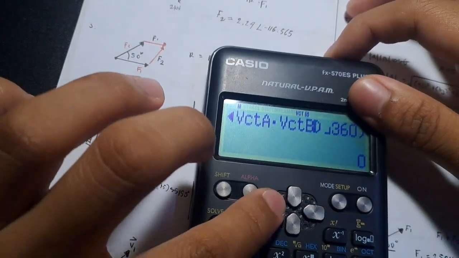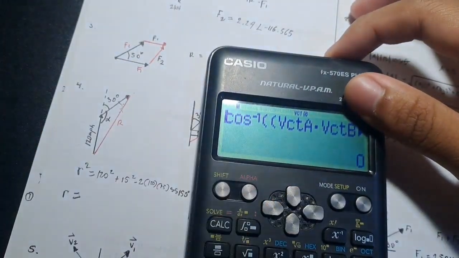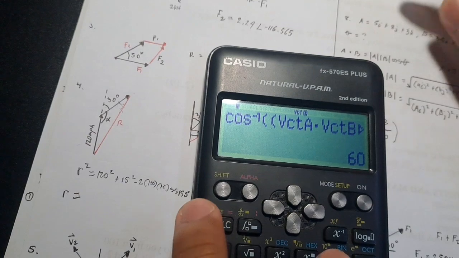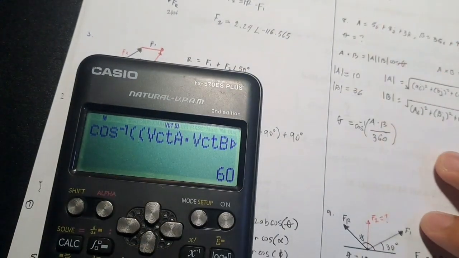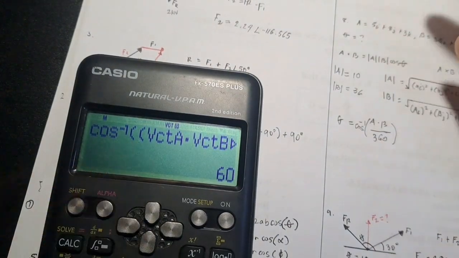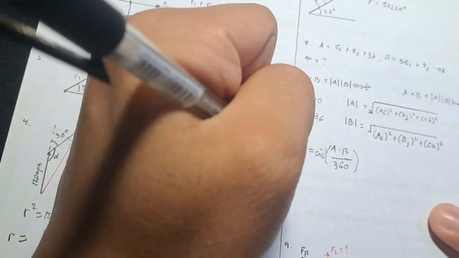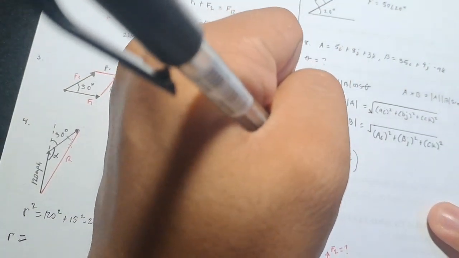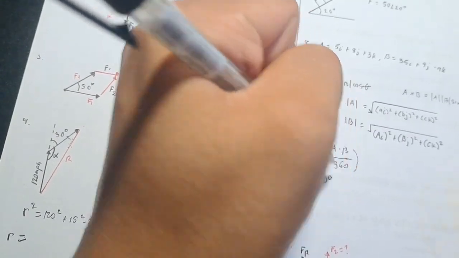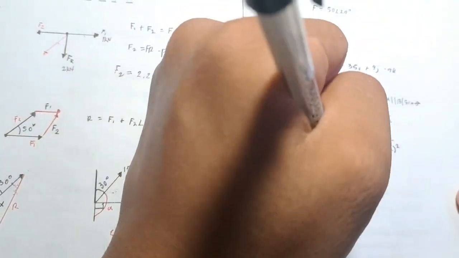So let's say double check natin parenthesis. So this will hopefully give us 60. So nasa choices ba 60? Yes, nasa choices. So our angle is simply 60 degrees.